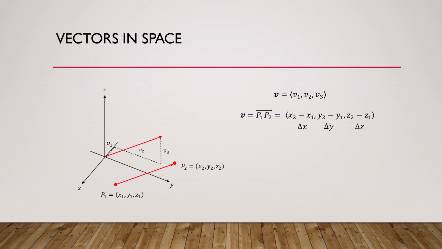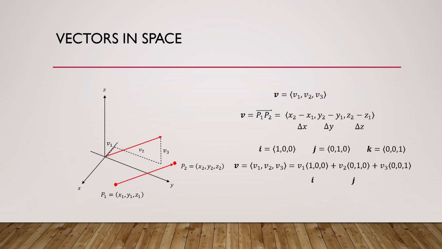Every vector in space can be written in terms of the sum of the unit component of the vector 1, 0, 0, designated with the lowercase bold letter i, the unit component of the vector 0, 1, 0, designated by the lowercase bold letter j, and the unit component of the vector 0, 0, 1, designated with the lowercase bold letter k. This is called the standard basis vector, which equals v1i plus v2j plus v3k.